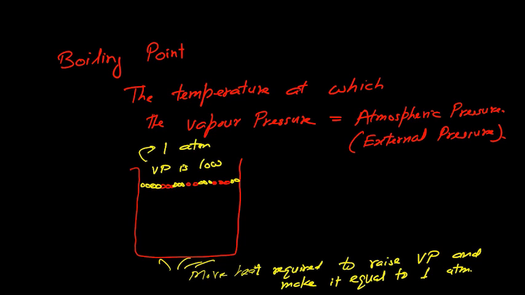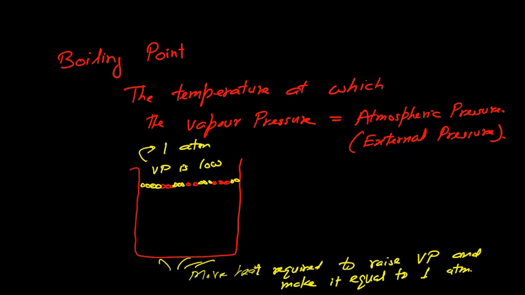So now to boil the same thing, earlier it was pure water, suppose now it is sugar solution, it will require a greater amount of heat to have the vapor pressure equal to 1 atm. So that's why boiling point will increase.